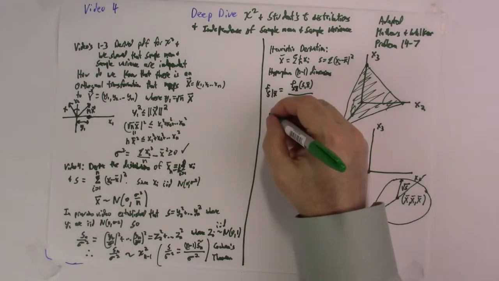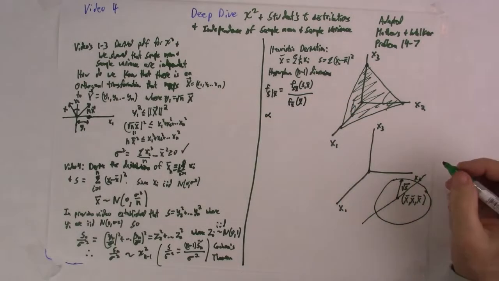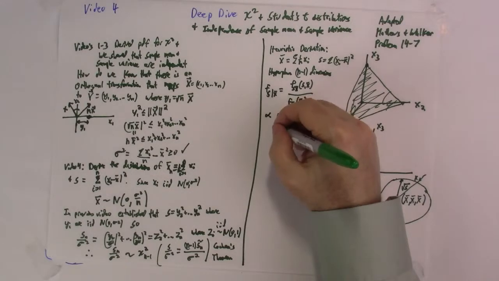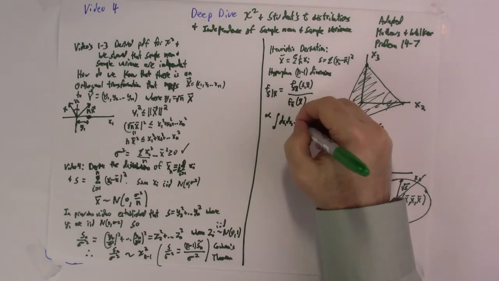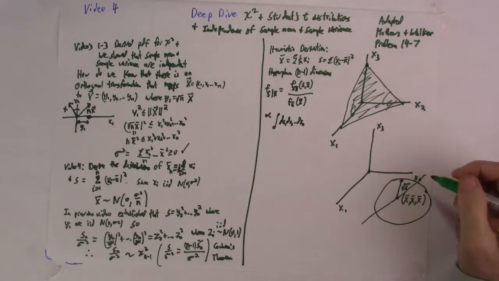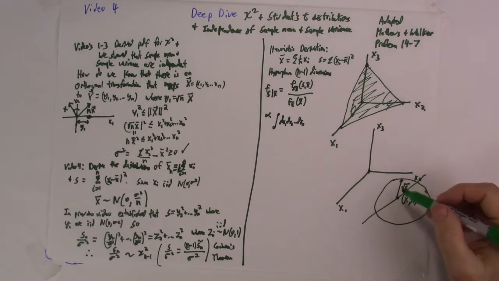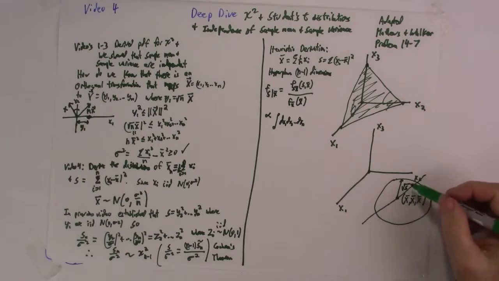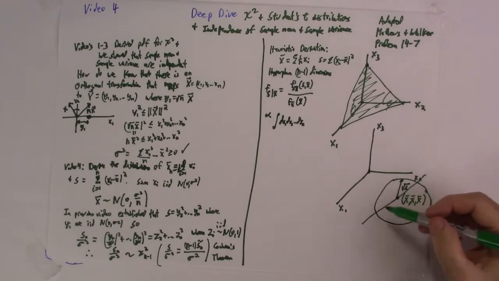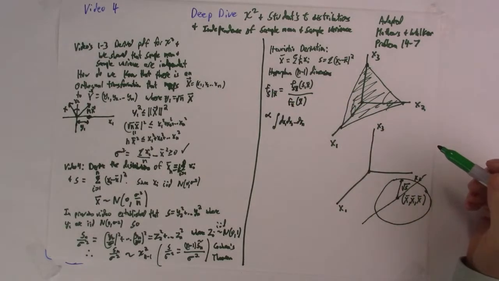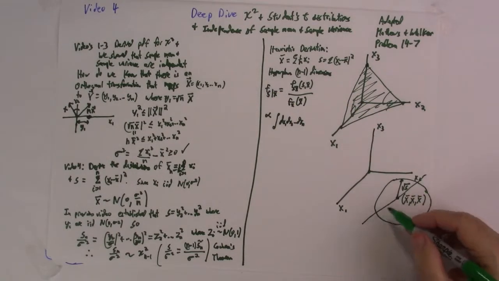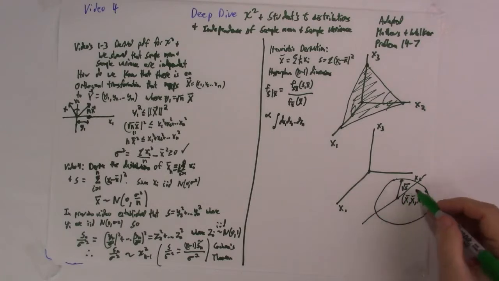Now, I'm going to leave out constants, and this is essentially proportional to the integral dx1, dx2 up to dxn. So we're integrating over all points in our n-dimensional space, here 3, that have a mean of x bar and a sample variance of s. But it's constrained. We only integrate on that circle.